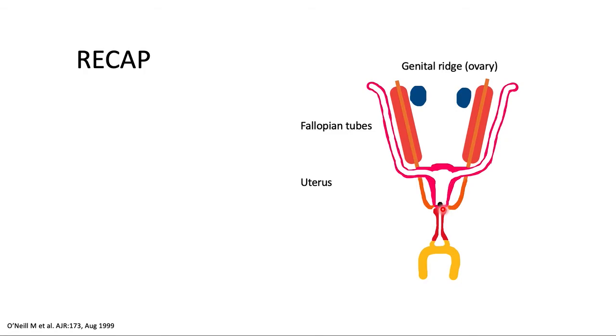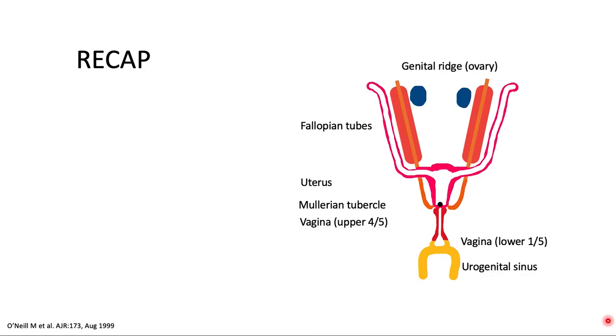Then the Mullerian duct induces the formation of the vagina, that is the upper 4/5 of the vagina, while the lower 1/5 of the vagina will be coming from a structure from below, which is the urogenital sinus.